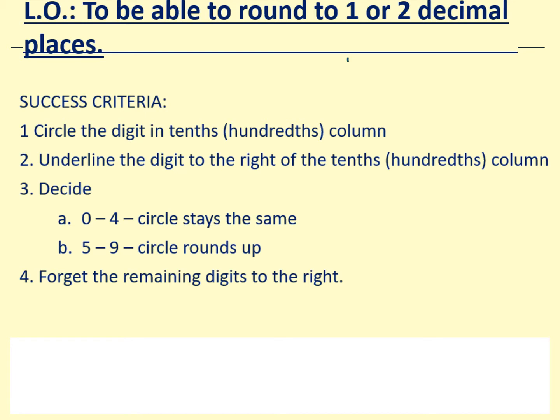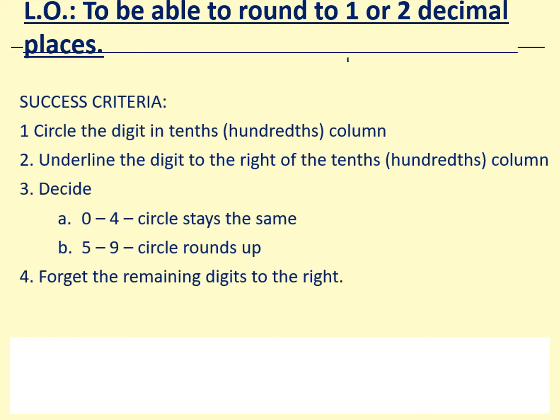So, success criteria. Circle the digit in the tenths column, or the hundredths column if we are rounding to 2 decimal places. The tenths digit is the first digit to the right after the decimal point.